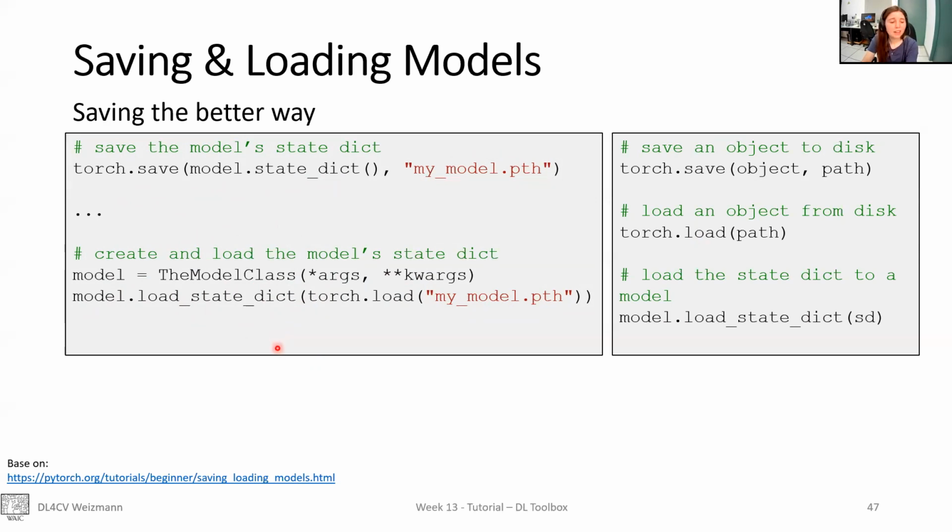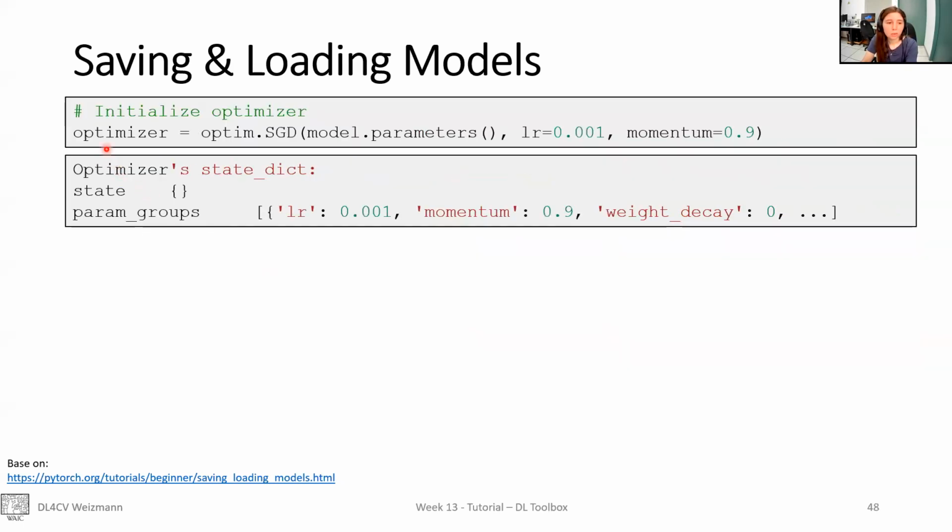But I still haven't answered one thing. We know how to save and load models in a way that's robust to changing the class, but we still don't know how to do saving such that we can later continue training. So we actually want some sort of checkpoint. What's missing is that not only the model has a state dictionary, the optimizer also has a state dictionary.